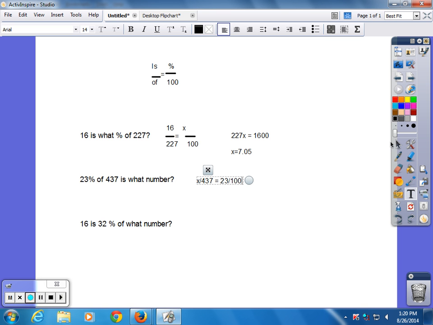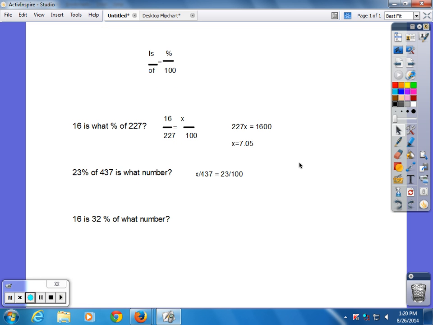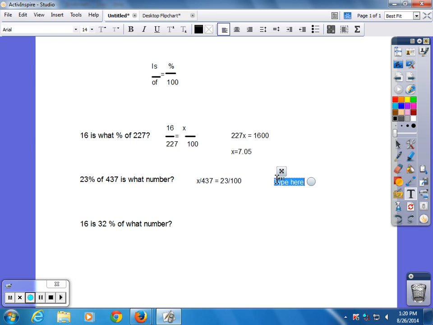Now, I know it doesn't look like yours, but I'm trying to do the best I can. And that's 100x is equal to 437 times 23. Somebody tell me what that is. 10,051, is that right?